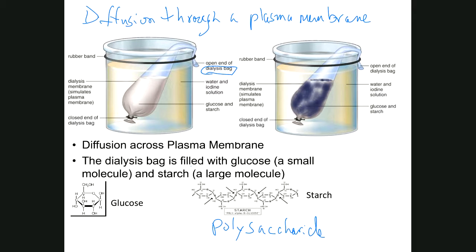Okay, so I filled this bag with glucose, and I filled this bag with starch, and I put it in water, and I filled the water with an indicator. And the indicator is just a chemical that's going to alert me to the presence of something else.